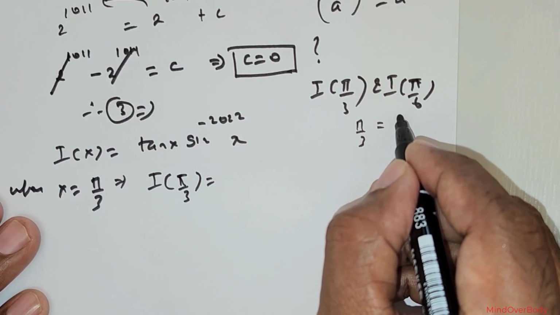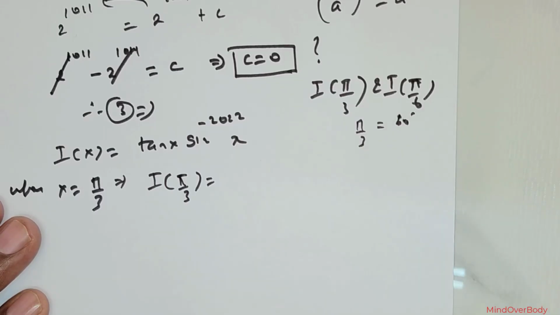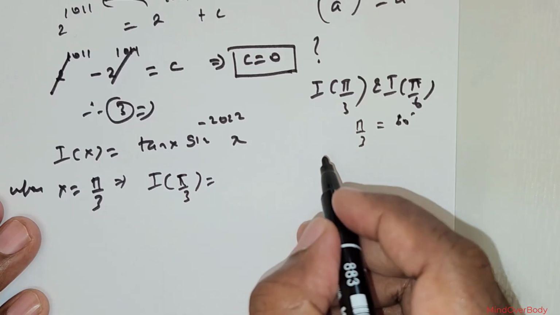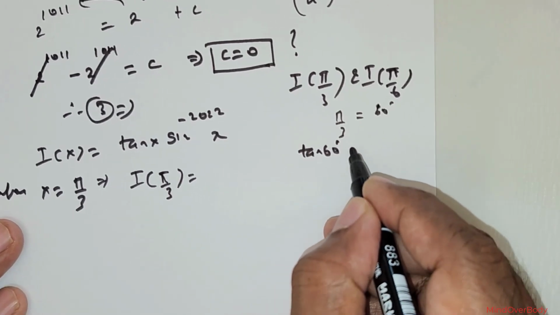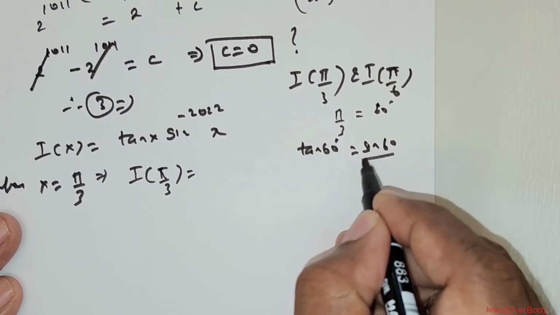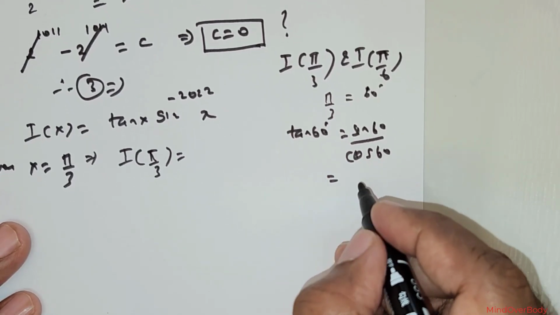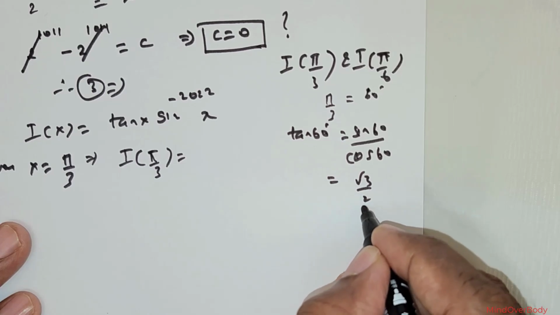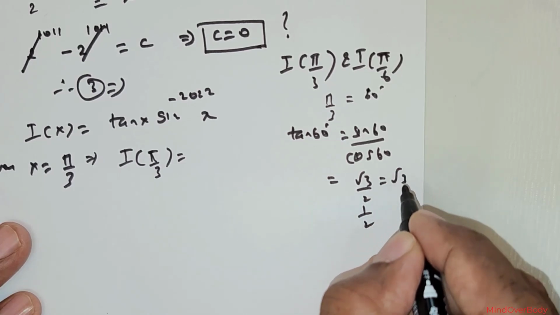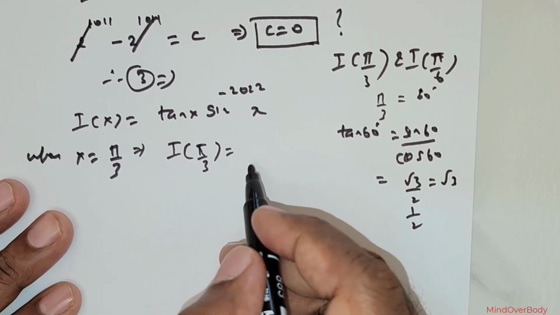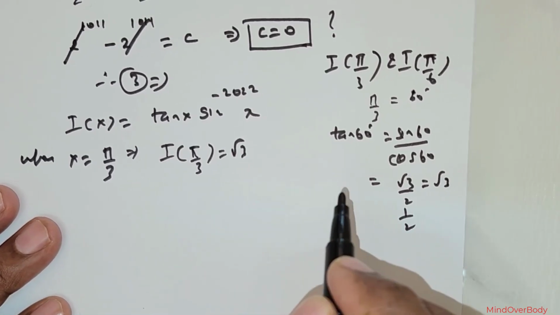Pi over 3 is 60 degrees. So we have to extract the value of tan 60. Tan 60 is sine 60 over cos 60. Sine 60 is root 3 over 2. Cos 60 is 1 over 2. So we have root 3 there. So this is going to give me root 3.